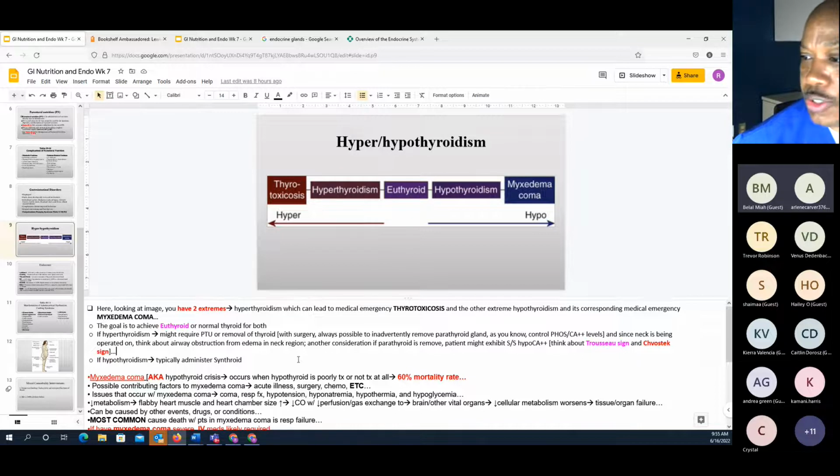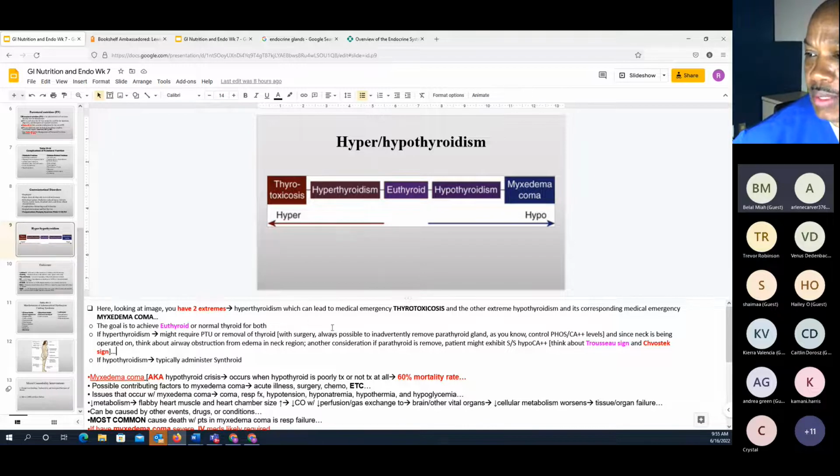All right. And as you can see here, I did provide you with some information about this condition. As you look at this image, we're talking about these two extremes, hyperthyroidism and hypothyroidism.